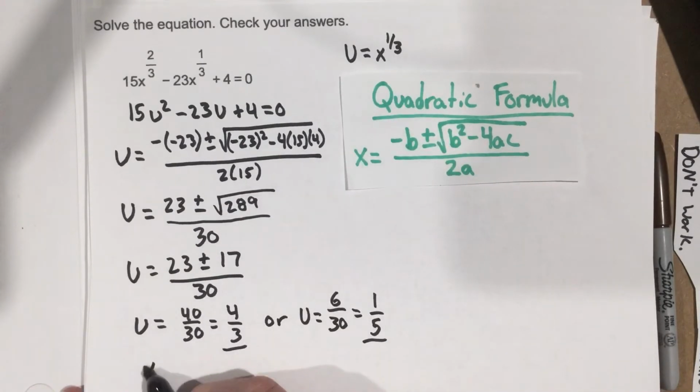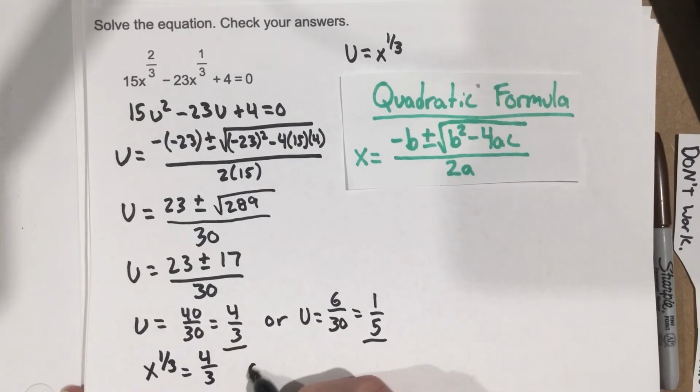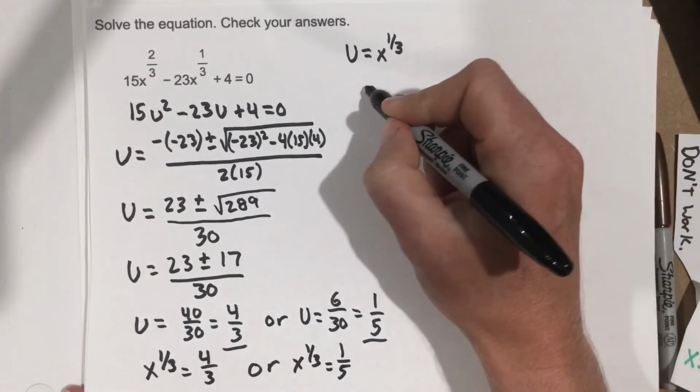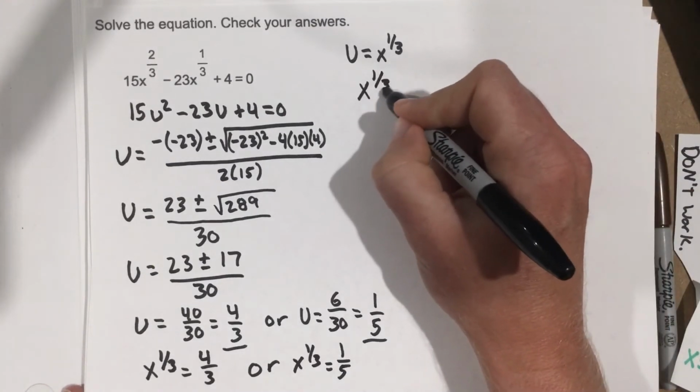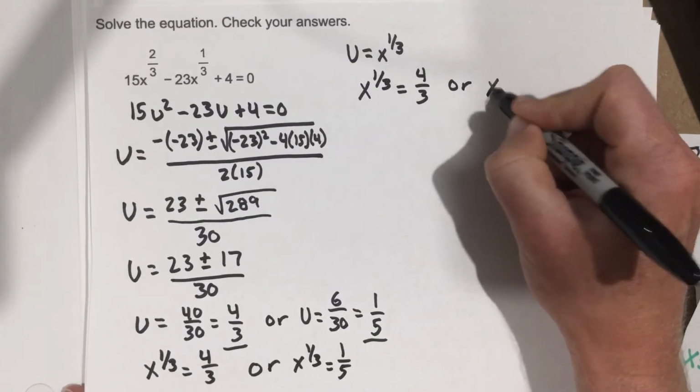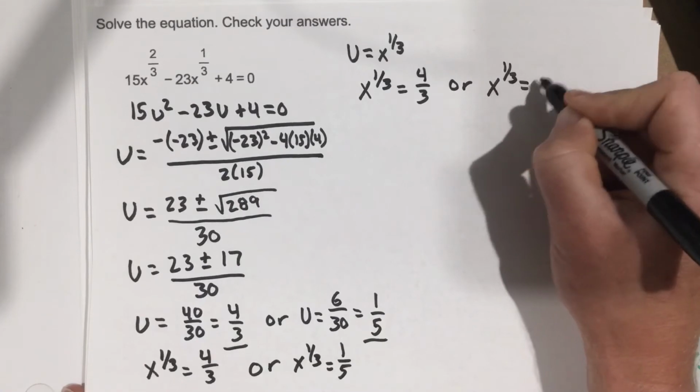So we're going to say x to the 1/3 equals 4/3, or x to the 1/3 equals 1/5. Now I'm going to solve each of those. I'm going to write them back up here. X to the 1/3 equals 4/3, or x to the 1/3 equals 1/5.